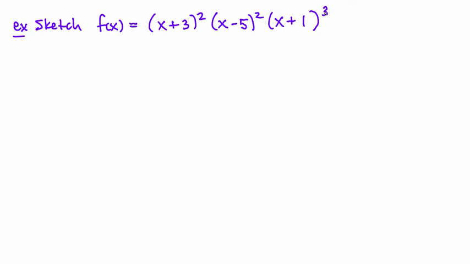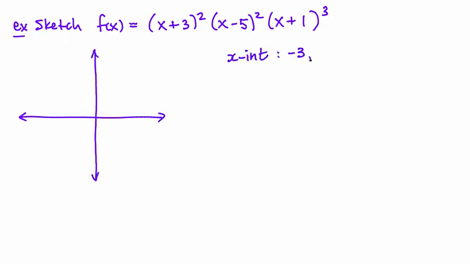But let's start by putting a bit of a sketch down. So what do we know about this? Well, we know some x-intercepts. We've got -3 and -3, and we've got 5 and 5, and we've got -1, -1, -1. So this is some kind of a bounce.